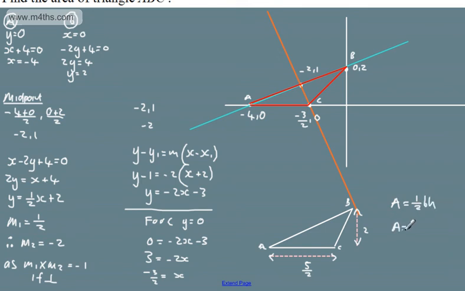So the area will be 1/2 multiplied by the base, 5/2, multiplied by the height, 2. So the area is going to be 5/2 units squared. So the area of triangle ABC is 5/2 units squared.